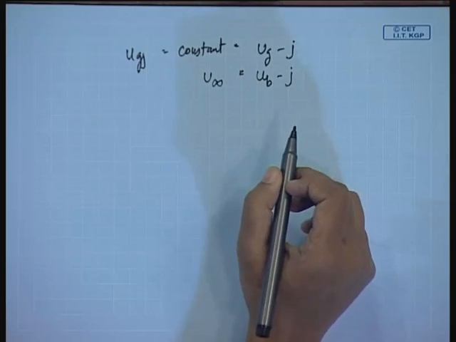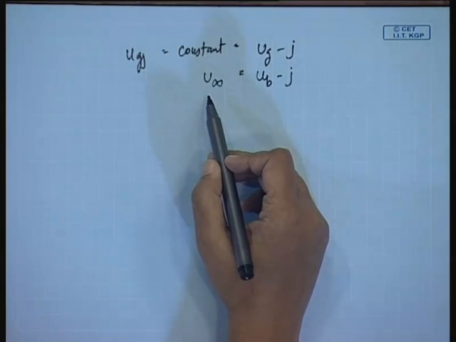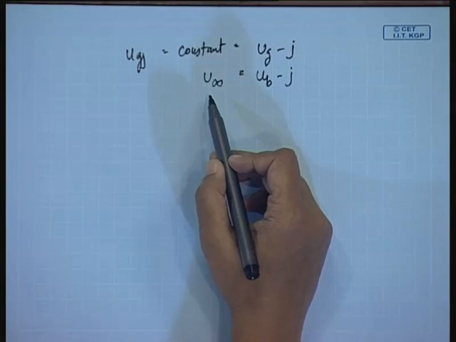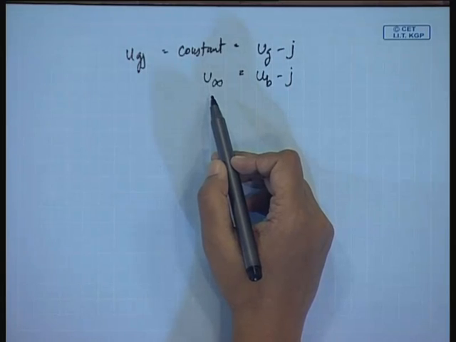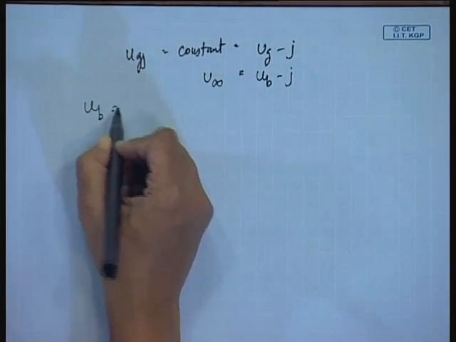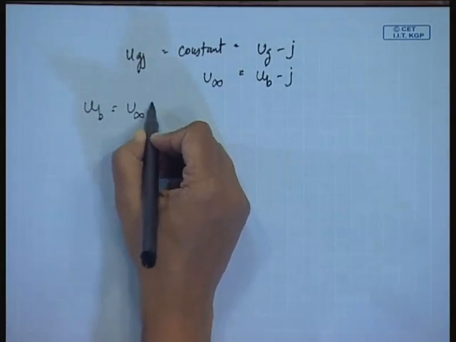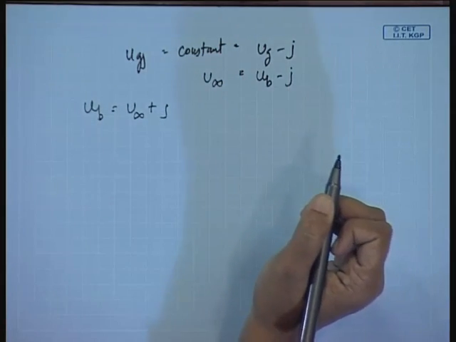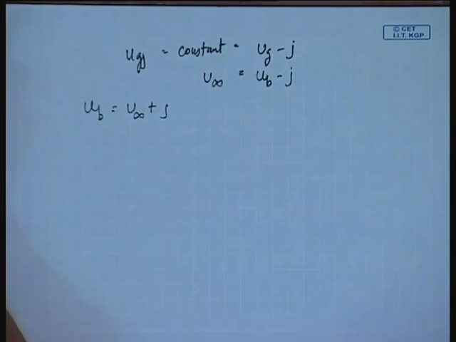So, just again I would like to remind you that this u infinity has got a different nomenclature as compared to the u infinity which we have referred to in the bubbly flow pattern as well as in the drift flux model. Okay. So, from there we found out that ub is equal to u infinity plus j, is not it?